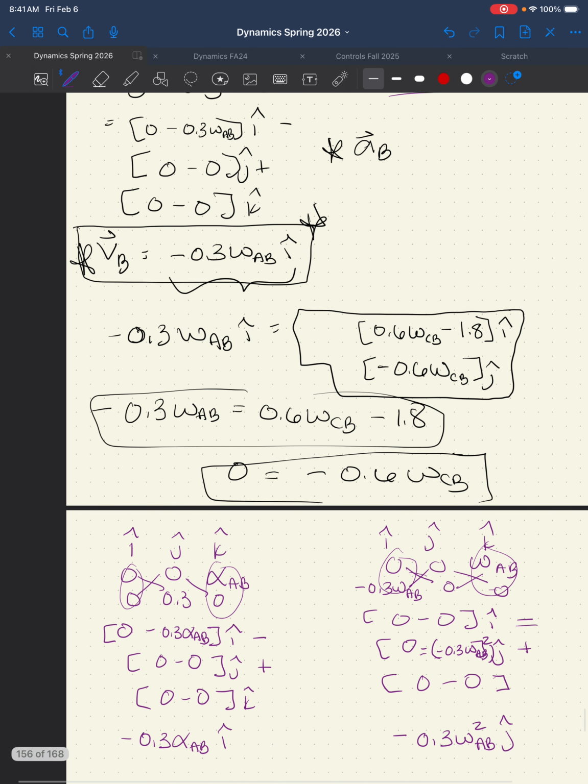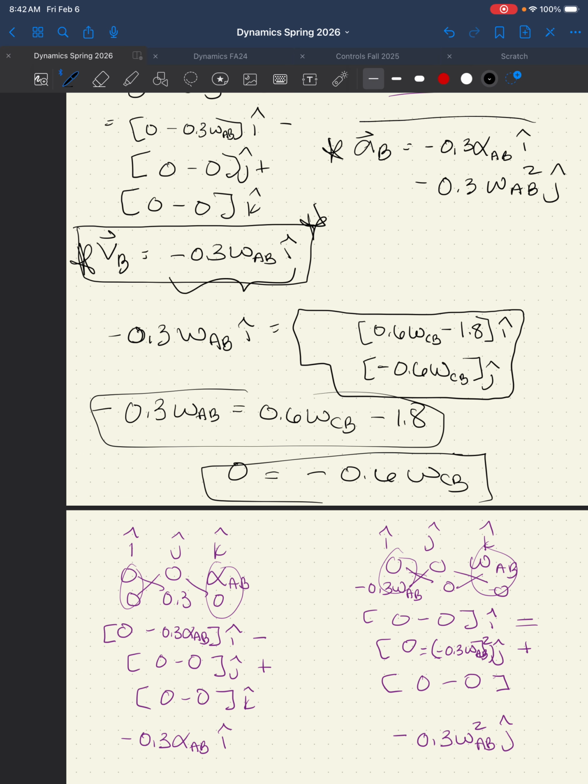So it looks to me like a_B up here equals minus 0.3 alpha AB I hat minus 0.3 omega AB squared J hat. Yep, and that's what I have in my notes.